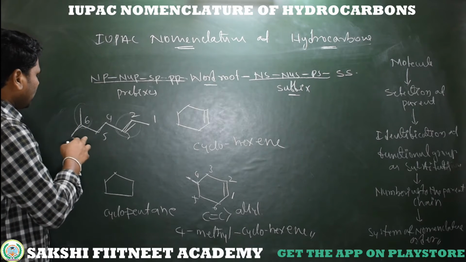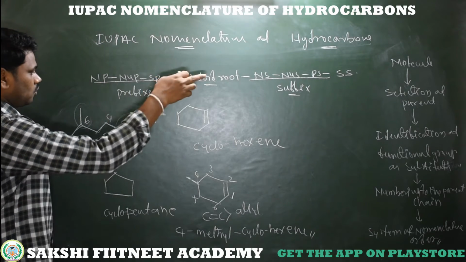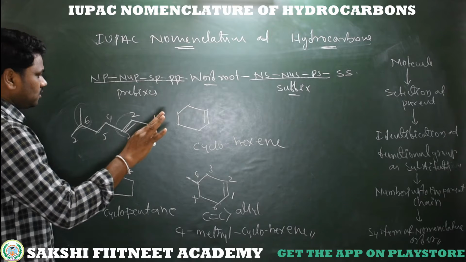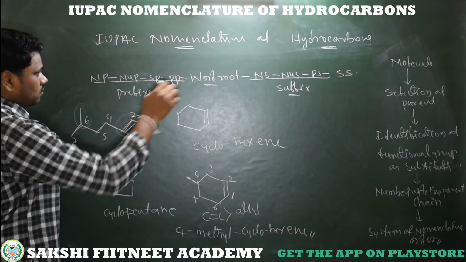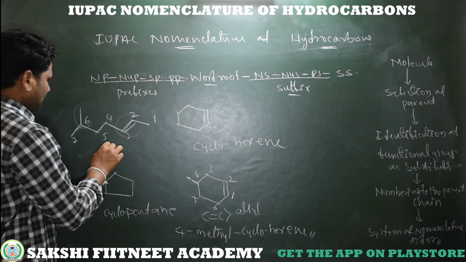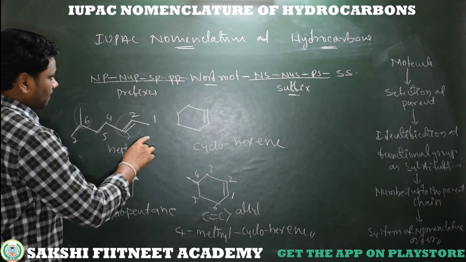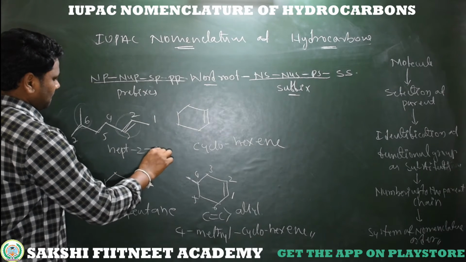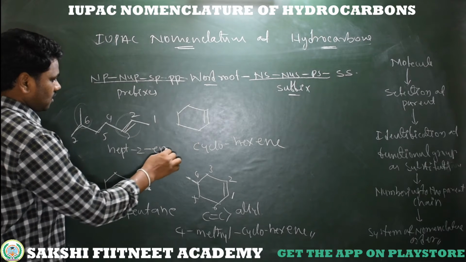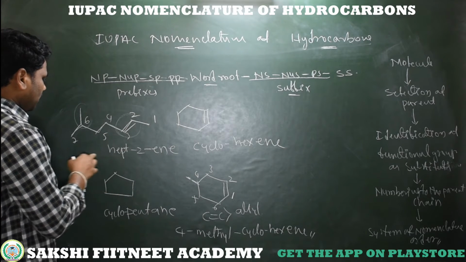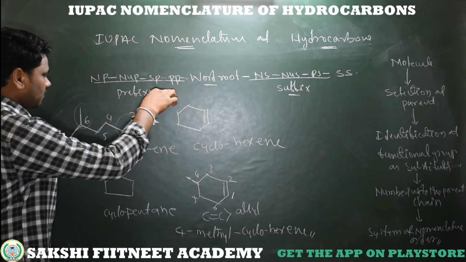So that substituent and its position as a prefix, then word root, then go to unsaturation, end with an E. There is no functional group. I am following that elements order. Word root, it becomes hept. Unsaturation at the second position, that is the number suffix in the primary suffix, then no secondary suffix, I'm ending with E. Now before hept, this is not cyclic, so I'm not using a primary prefix.